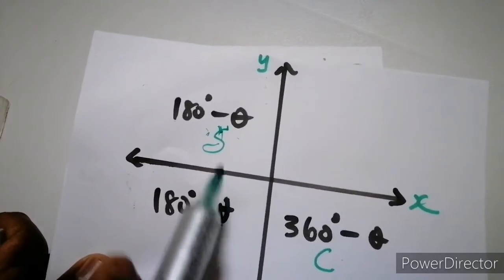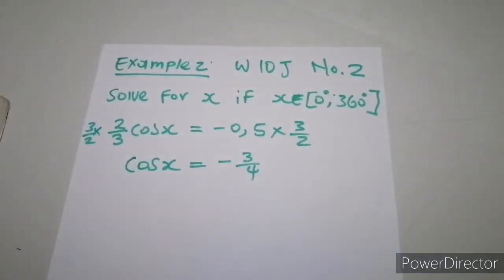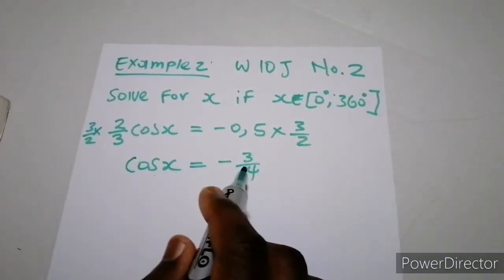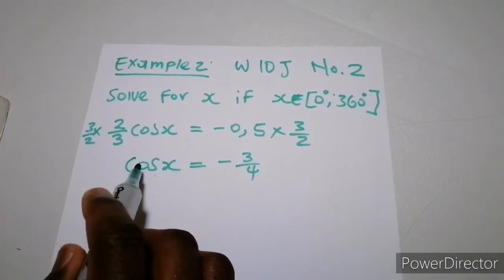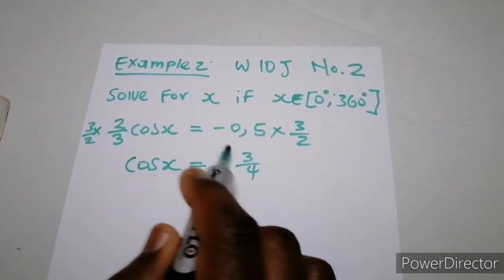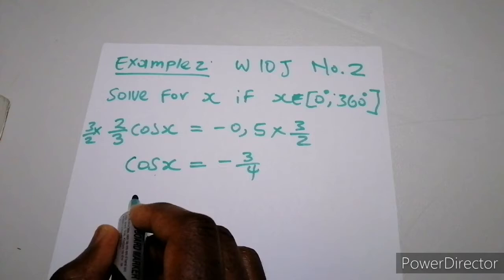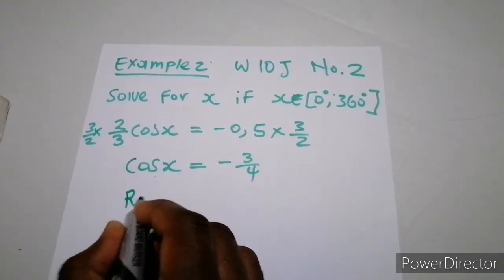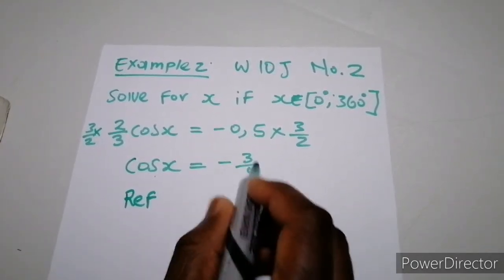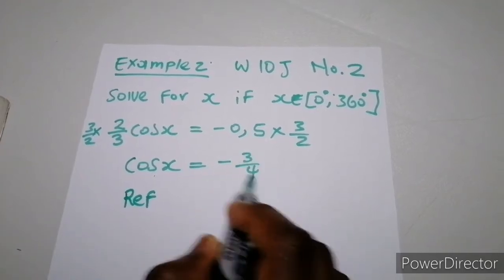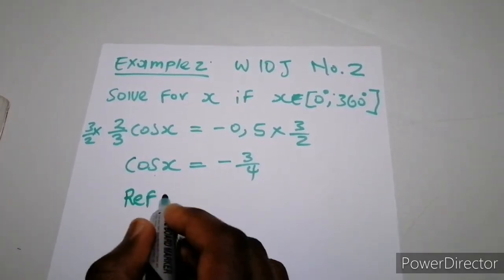Now, what we need is the reference angle. How do we find a reference angle after rearranging so that we have a function of an angle equal to a value? We always use a positive value, the absolute value of this, not negative.